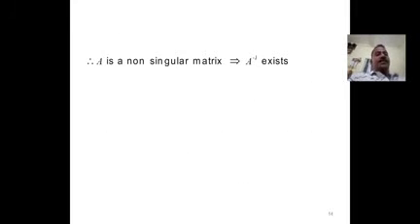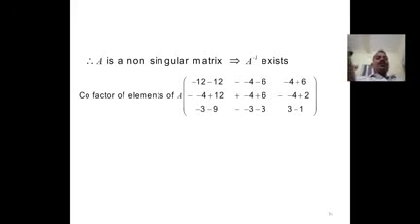A inverse exists. Now for the evaluation of A inverse, we need the cofactor matrix. Cofactor matrix of A is equal to, here the small mistake, minus 12 minus 12, minus of minus 4 minus 6, minus 4 plus 6, minus of minus 4 plus 12, plus of minus 4 plus 6, minus of minus 4 plus 12, minus 3 minus 9, minus of minus 3 minus 6, 3 minus 1.